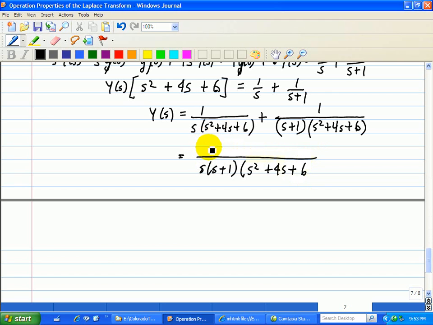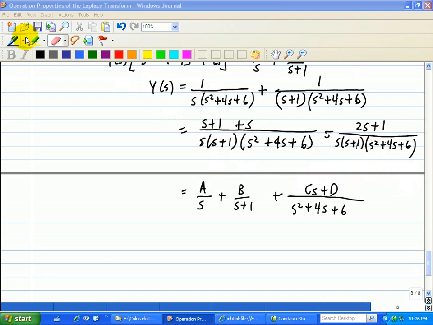So this yields s plus 1 here and then plus s here. So that's just 2s plus 1 all over s plus 1 times s squared plus 4s plus 6.